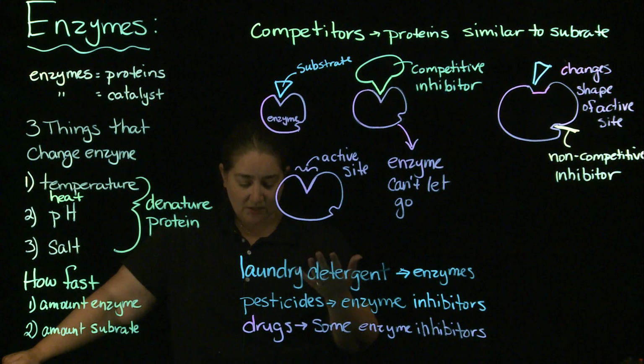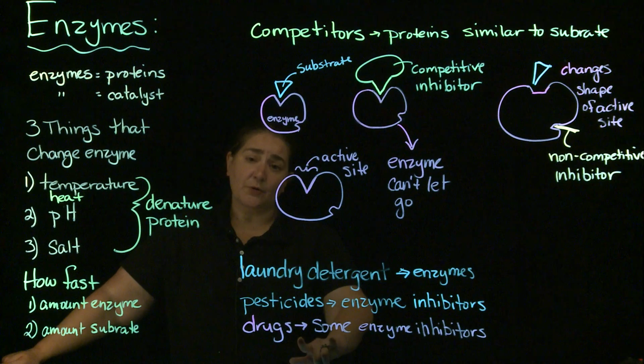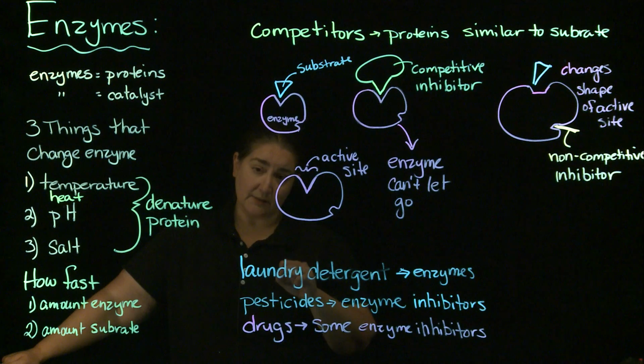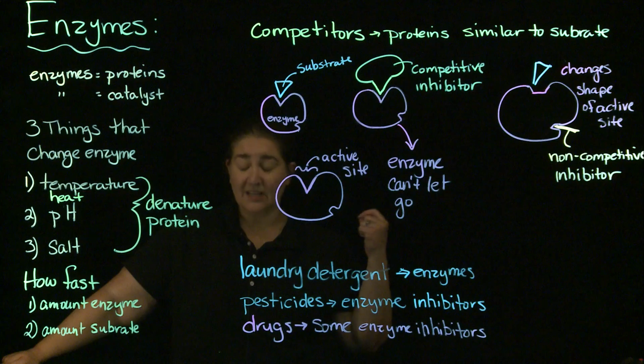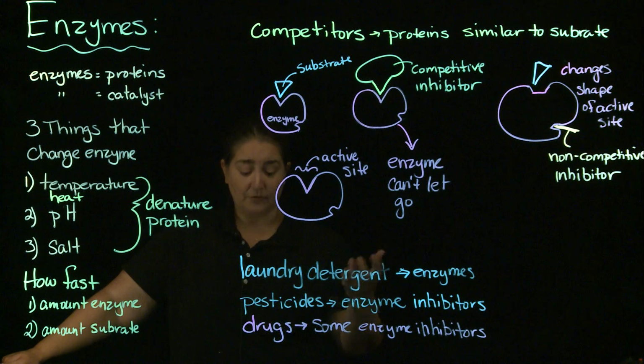So some medications are enzyme inhibitors. It's not just ibuprofen. You've got some blood pressure medications that are enzyme inhibitors. Some antidepressants are enzyme inhibitors. Antibiotics, a lot of times, are inhibiting various enzymes as well, okay?